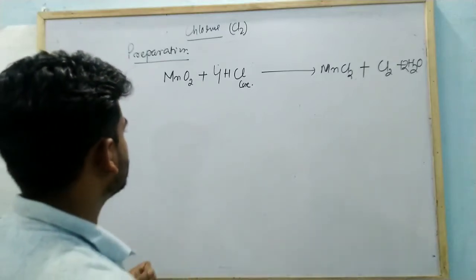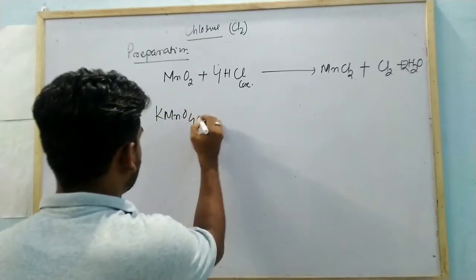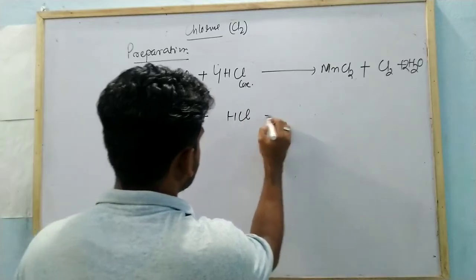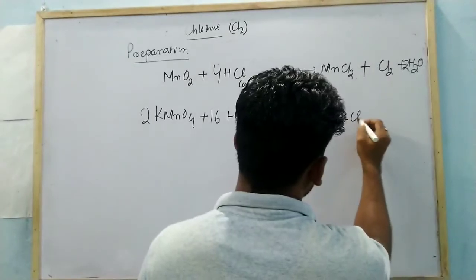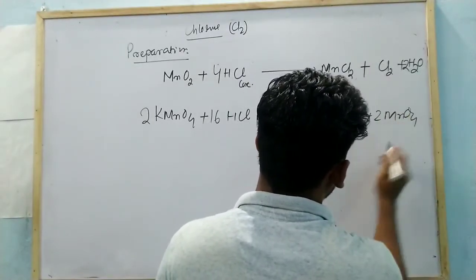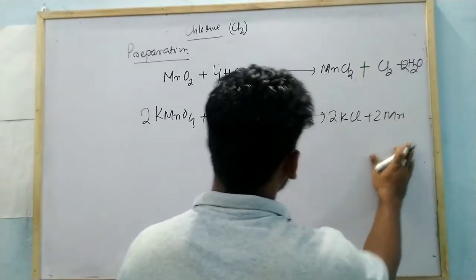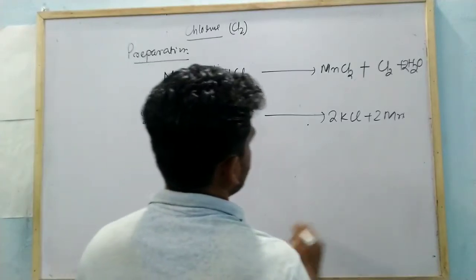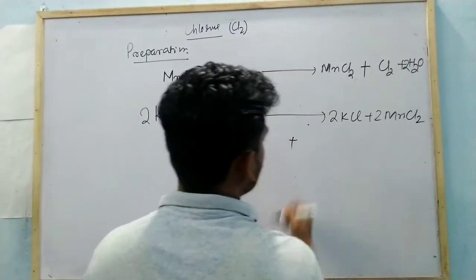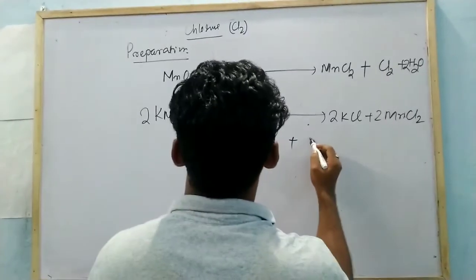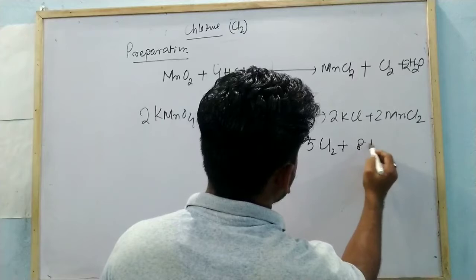There is also another method. You can take the oxidizing agent KMnO4 and add HCl: 2 KMnO4 plus 16 HCl gives 2 KCl, 2 MnCl2, 5 Cl2 plus 8 H2O.